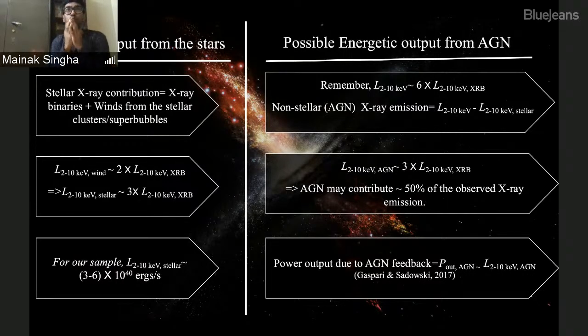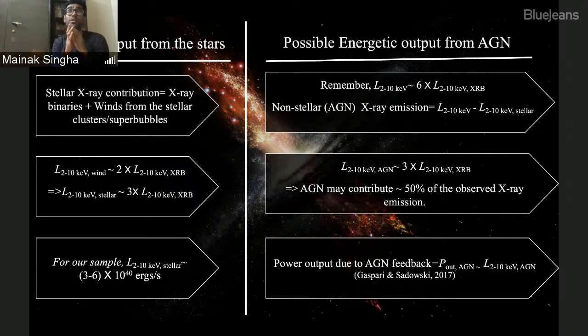So what we did was we really wanted to find the maximum amount of contribution the stars could cause. So we just added the XRB contribution and the stellar winds. If you remember from the previous slides, the observed X-ray luminosity is about 6 times the XRB, and the stellar wind contribution is about 2 times the XRB.